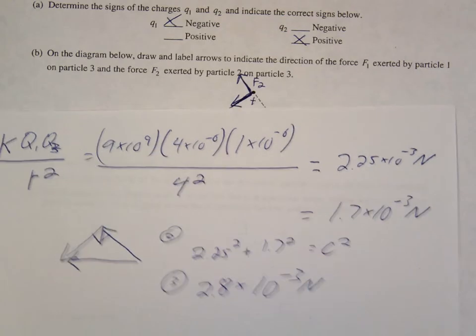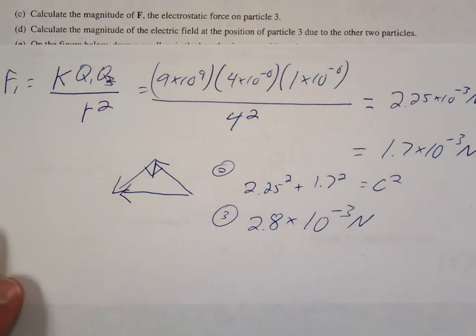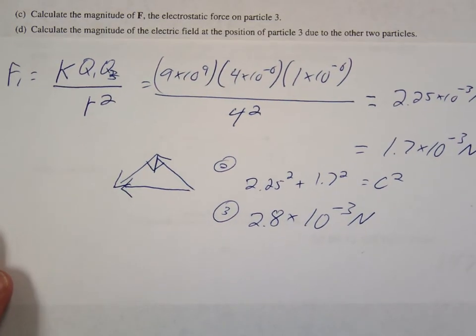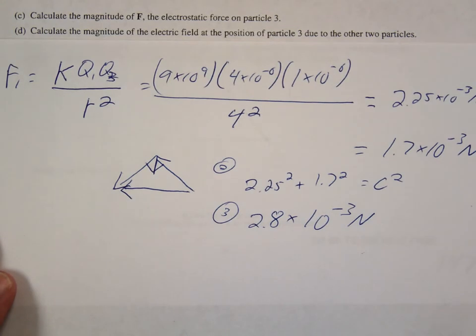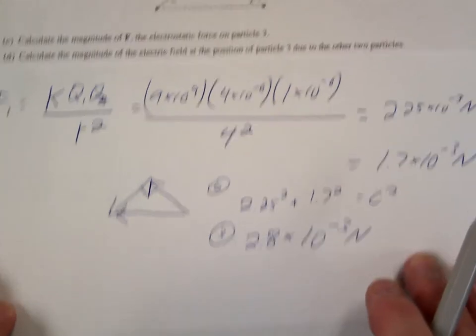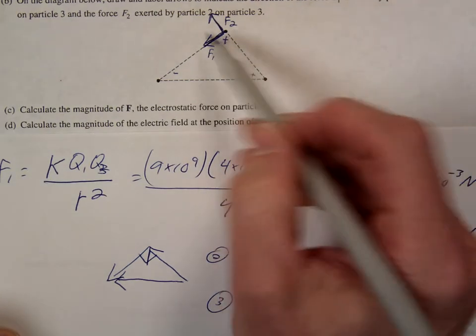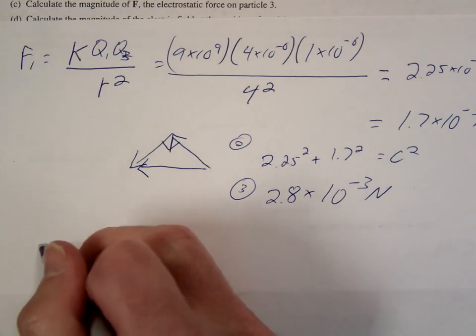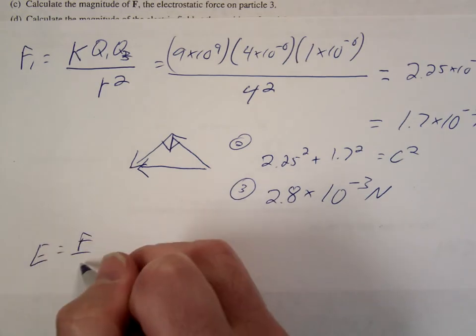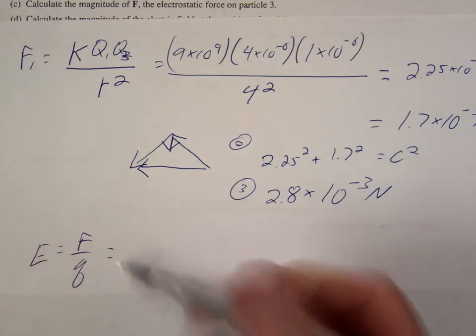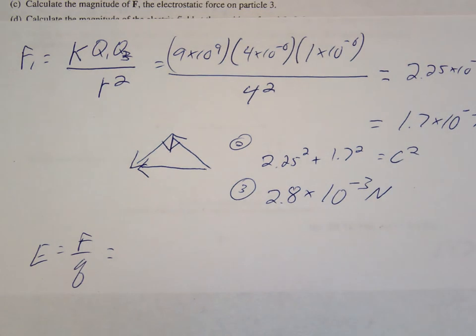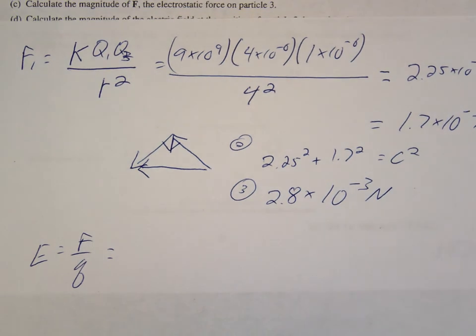Okay, last one, oh no, 2 more. D, calculate the magnitude of the electric field at the position of particle 3 due to the other 2 particles. So we're going to remove particle 3, and now we're just looking for the electric field right here. Okay, so you just use your equation, E equals F over q. Once you know F, then you can basically solve for E, right?